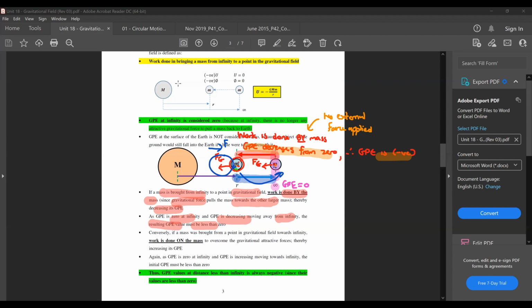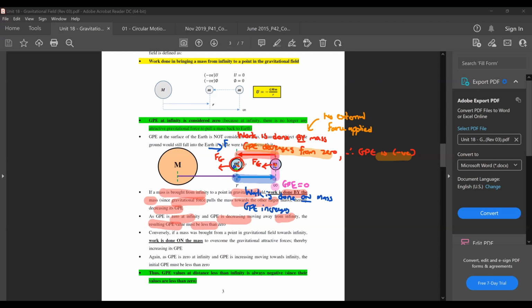Okay, so it's because of this that we will say that when you want to go from here to infinity, work is actually done on the mass. When work is done on the mass, GPE increases.